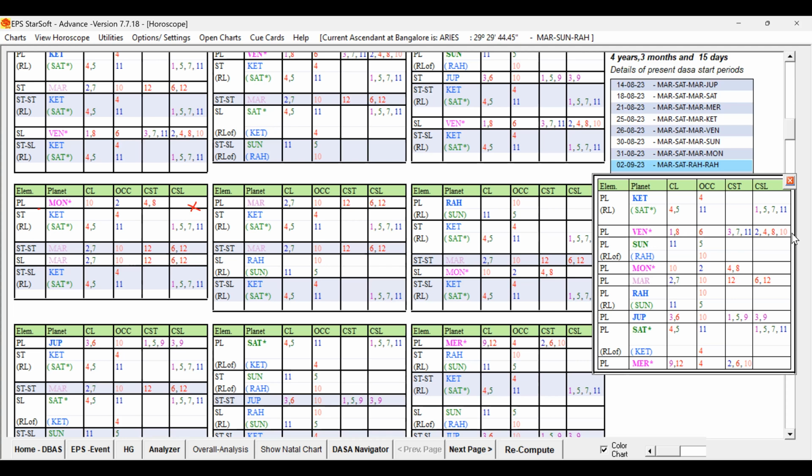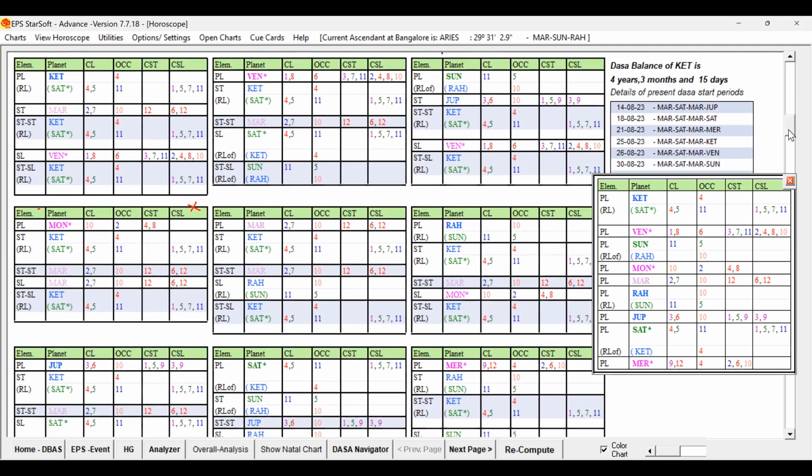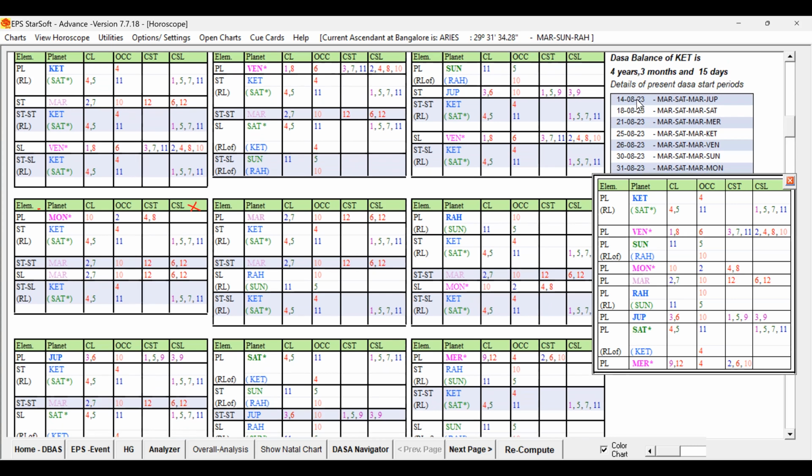In Sun Dasa, we have to check whether it is capable to give marriage. Then we have to check the key planets of the Dasa Lord Sun. Sun is a green planet, the star level Jupiter is also our blue planet, it has good houses, and the sub level Ketu representing Saturn is good.